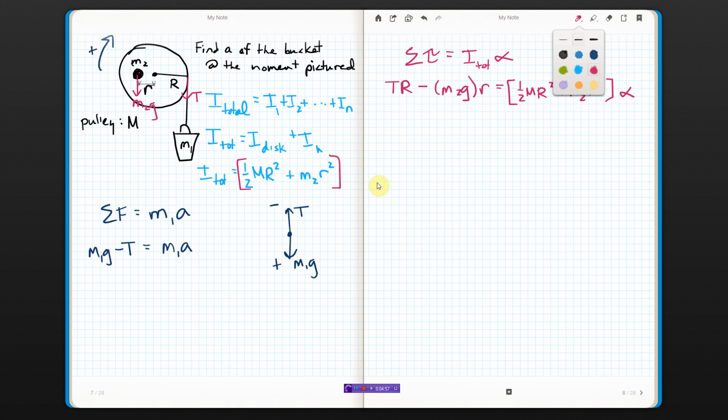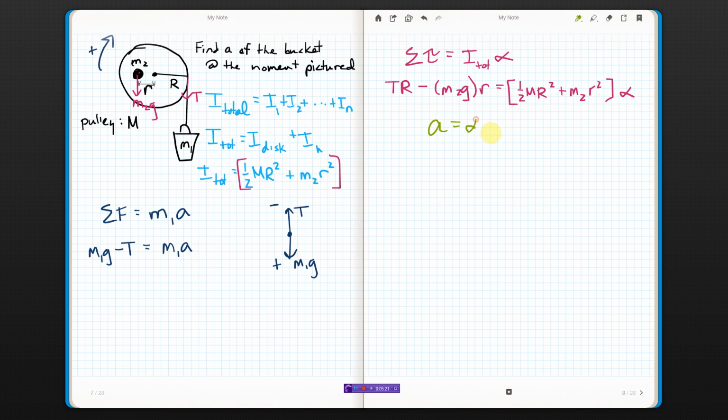This is the kind of problem where if you had numbers, you'd probably want to put them in. For instance, it would have been nice to find the total moment of inertia and just get a number, and then I could just put that number here. But I didn't write any numbers down for this one, so I'm going to keep going with no numbers, even though it's icky. Okay, so I got one equation, two equations.